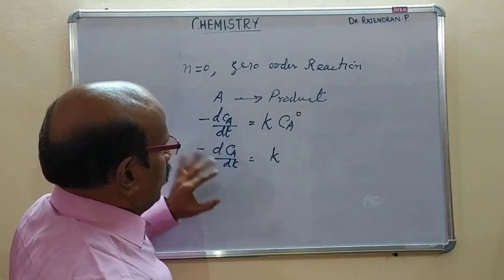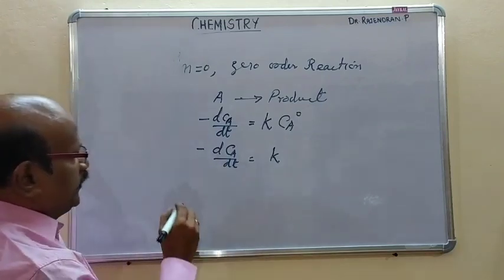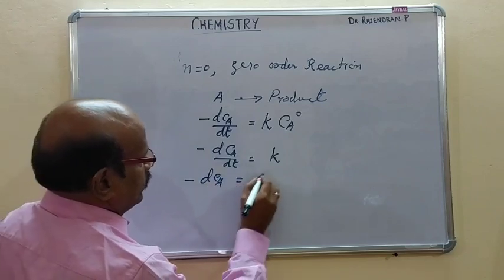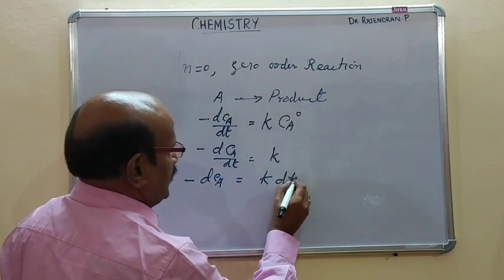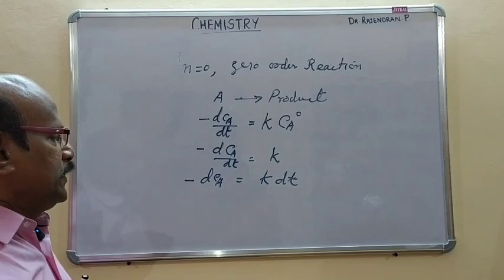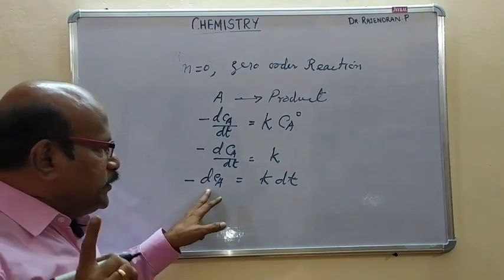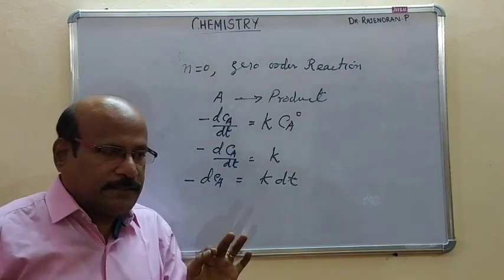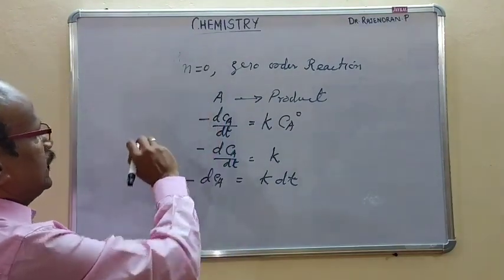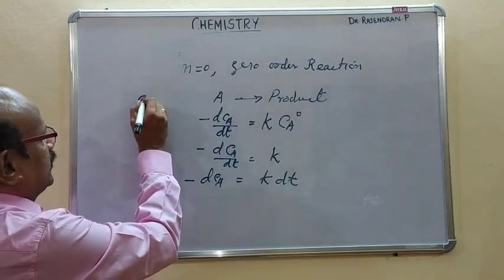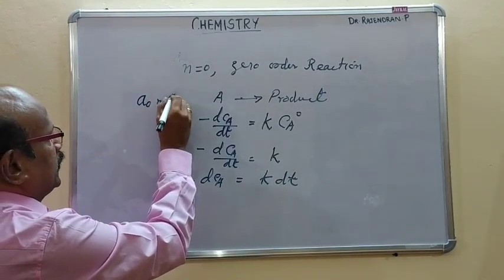On rearranging this equation, we have minus dC_A is equal to k into dt. Consider a reactant substance of initial concentration A0 moles per liter.